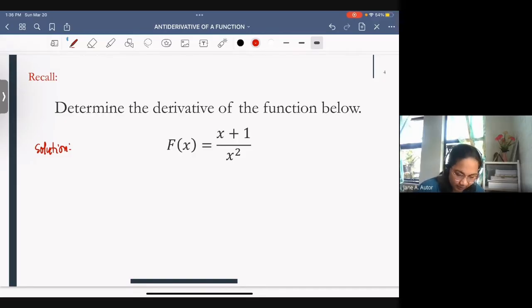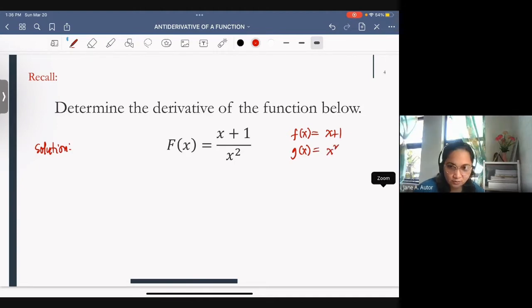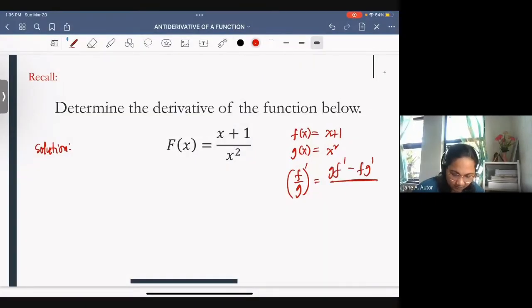So let's say our small f of x be equal to x plus 1 and our small g of x, that's x squared. And we know that by quotient rule, our derivative of f over g is equal to g f prime minus f g prime divided by g squared.